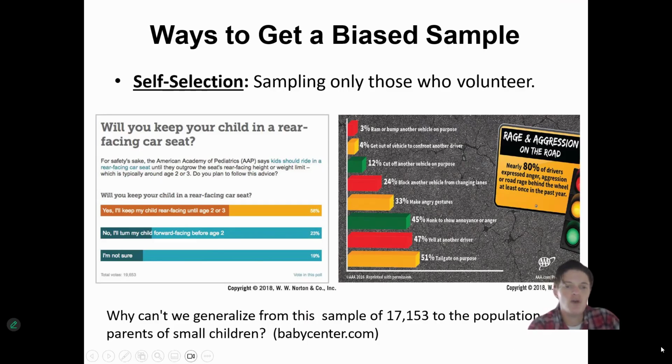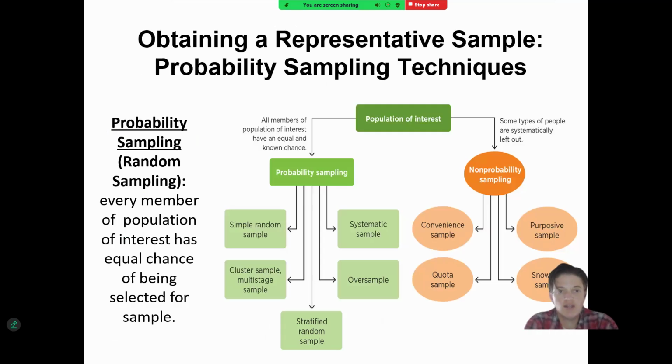So even if you had a massive number of people respond on something like children in rear-facing car seats and rage and aggression on the road, even with a ridiculous number of people, if it was biased and only people who volunteered, your results aren't random, and so they might not be representative of or generalized to the public.